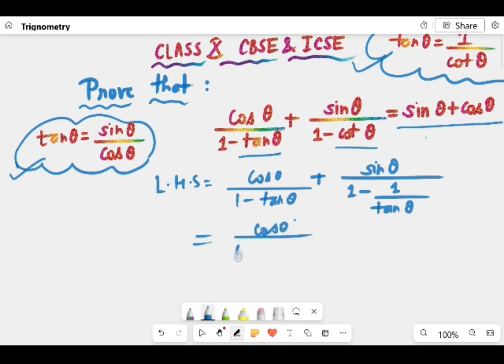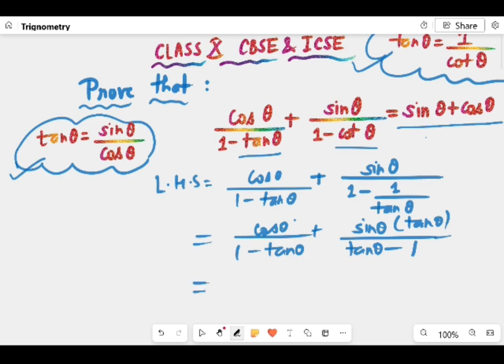So the next step will be, this tan theta will go in the numerator after taking LCM, and we will get tan theta minus 1 in the denominator. But the denominator can be taken common if both are the same. So we will take this minus sign common.